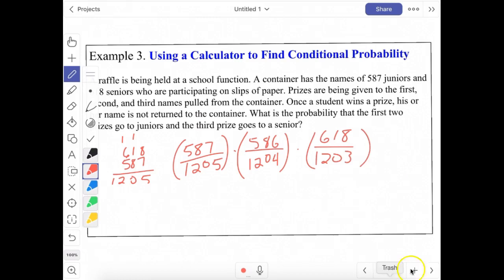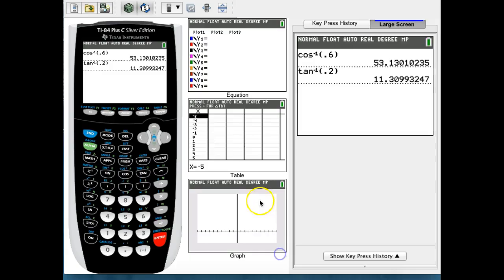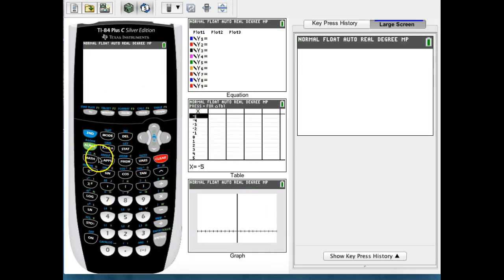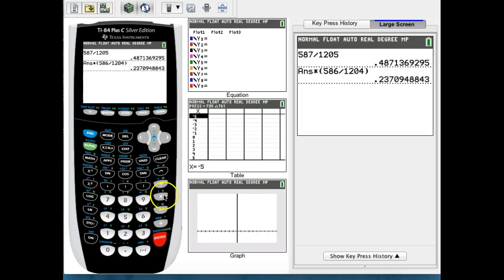So what I'm going to do, let's go over to our calculator. I will punch those numbers in. So we got 587 divided by 1205 times, add your parentheses, 586 divided by 1204 times, add your parentheses again, 618 divided by 1203.